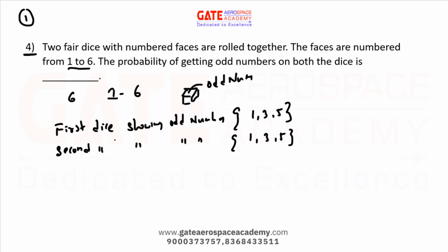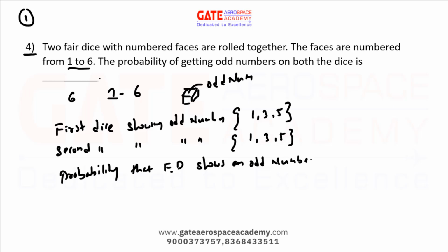So the probability that the first dice shows an odd number is, I'm writing it in a short way, total we have 6, but we have 3 favorable. So this will be 3 by 6.